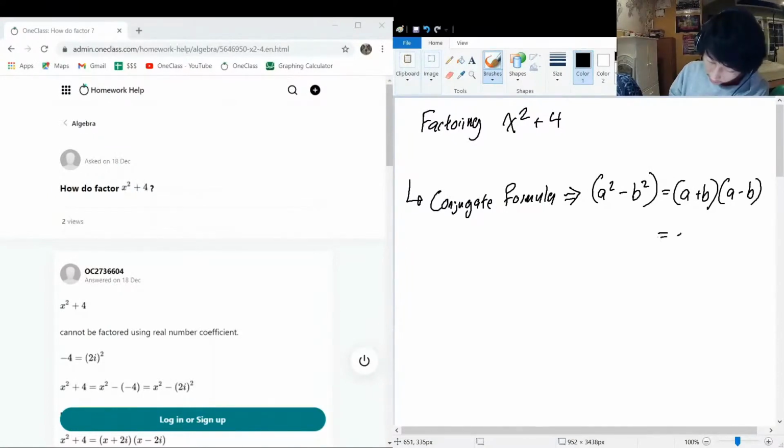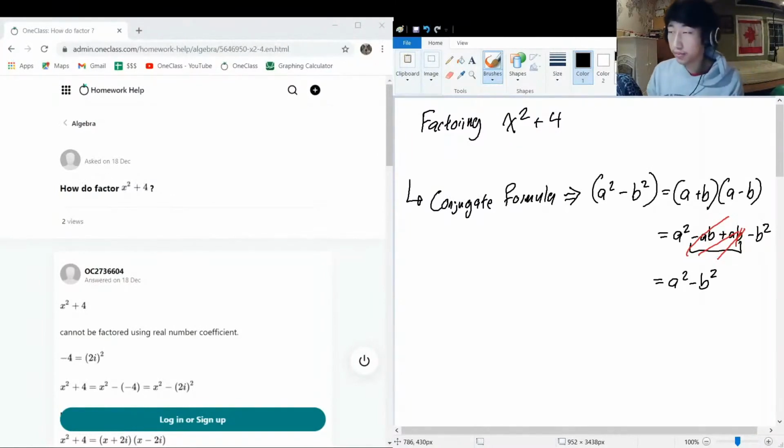Because, well, if we cross multiply, we'll have a squared plus or minus ab plus ab minus b squared. And you can see that these middle terms neutralize each other, and we just get a squared minus b squared. And you can see how that all works out, right?